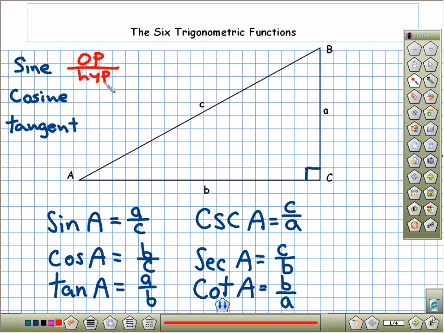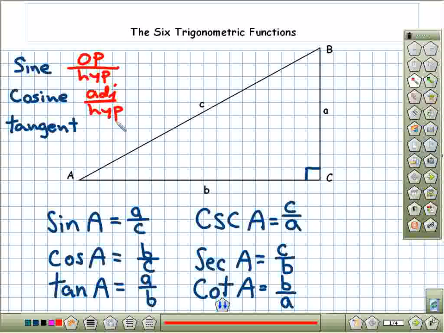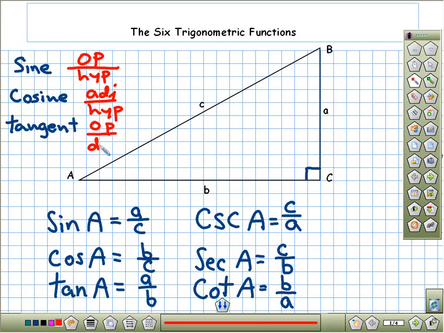Cosine is going to be adjacent over hypotenuse. And tangent is going to be opposite over adjacent. Any questions?